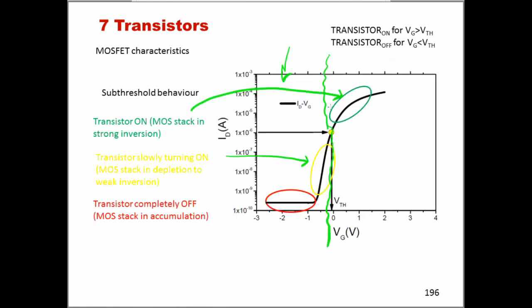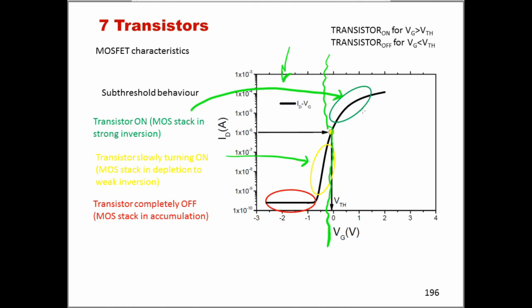So in this plot, we are now seeing in more detail what is really happening in our transistor. If we remember that the operation of the transistor relates immediately to what is happening to our MOS stack, whether it is in accumulation, depletion, or inversion, we can now try to map directly what our MOS stack is doing with what our transistor is doing.